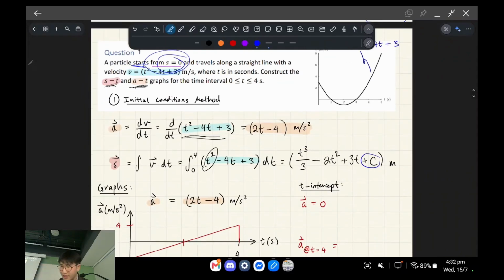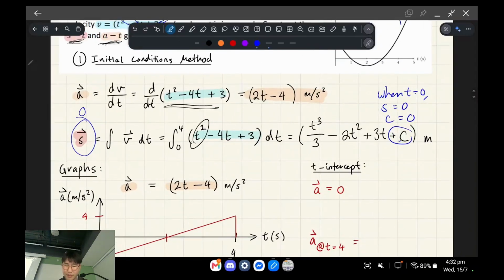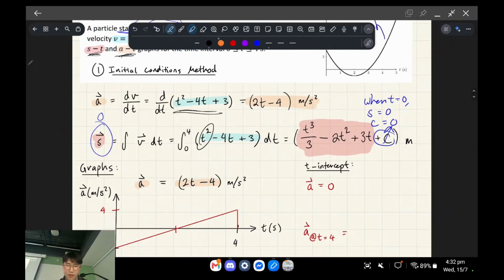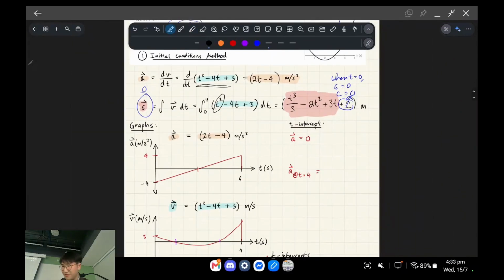What that's saying is when time is 0, displacement is 0, and so c is equal to 0, so the left hand side will be 0, the right hand side will be 0, and therefore c has to be 0. Okay, so this becomes 0. So essentially our displacement function is just this. Okay, cool. So that's calculus basically, right?